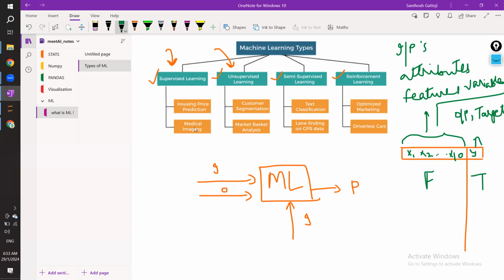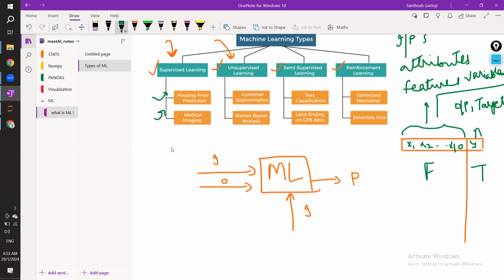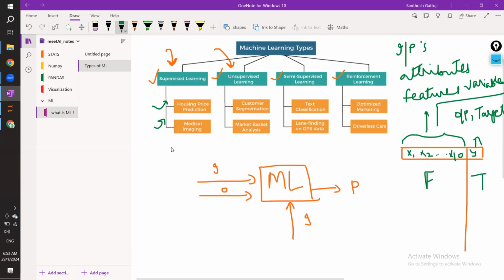As you can see, there are a few examples of supervised, like house price prediction or medical imaging. Most of the ML which we usually work upon is from supervised learning.